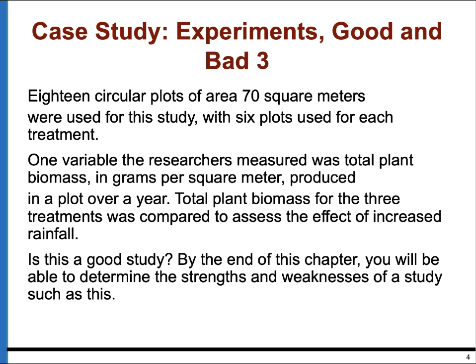So this would make a good study as long as everything about those fields was the same except for the treatment. And so we're going to look at how we can determine things that are necessary for a good experiment and things that, if they're missing, are going to make a bad experiment.